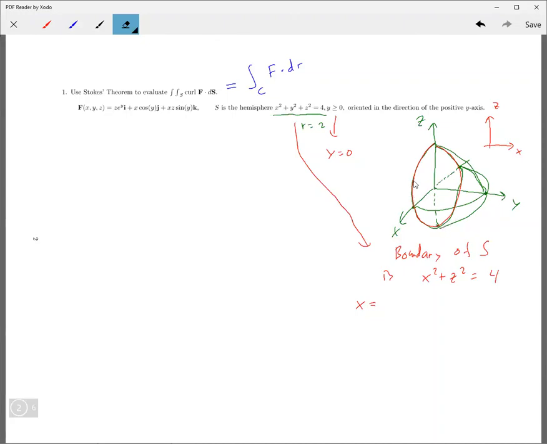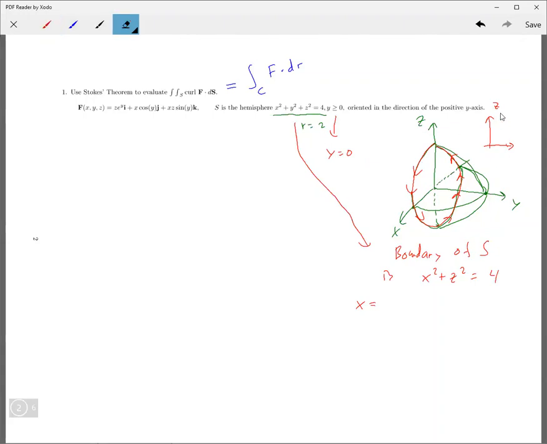So someone walking around it, that should be to the left. That means we should be going this direction around the circle. Usually we're going that direction, from x to z as you go counterclockwise.